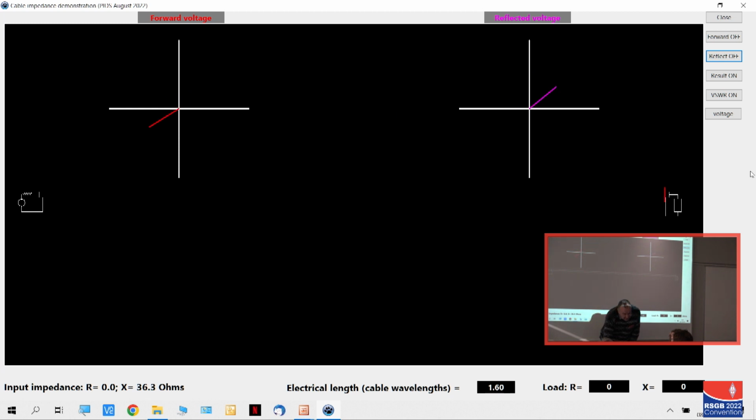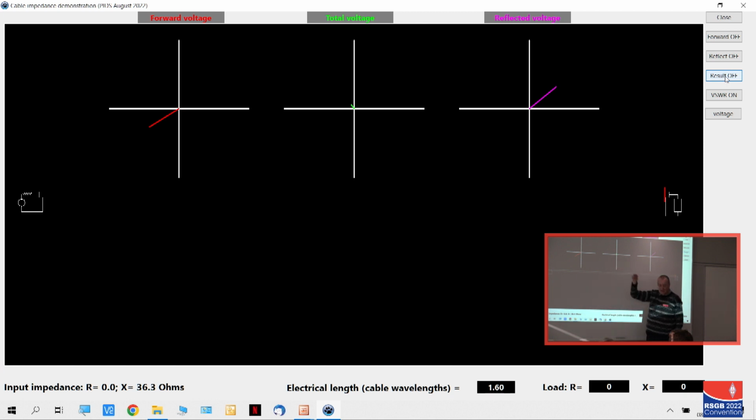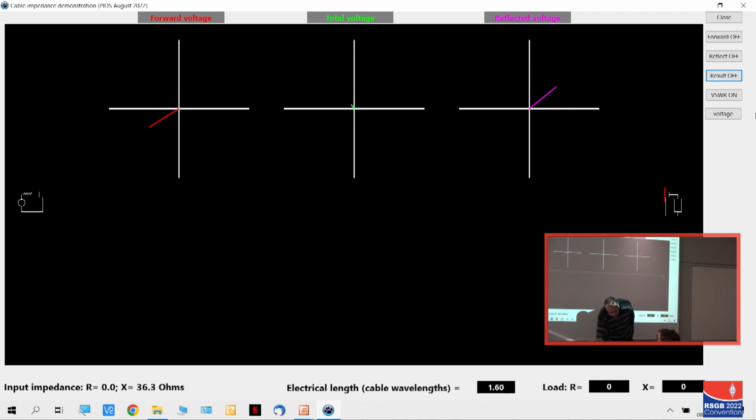So starting from here, the resultant in the middle, this little green thing, represents the result of adding the forward wave and the reflected wave at any point. Right at the end, the forward wave and the reflected wave are equal and opposite, and you get 0.